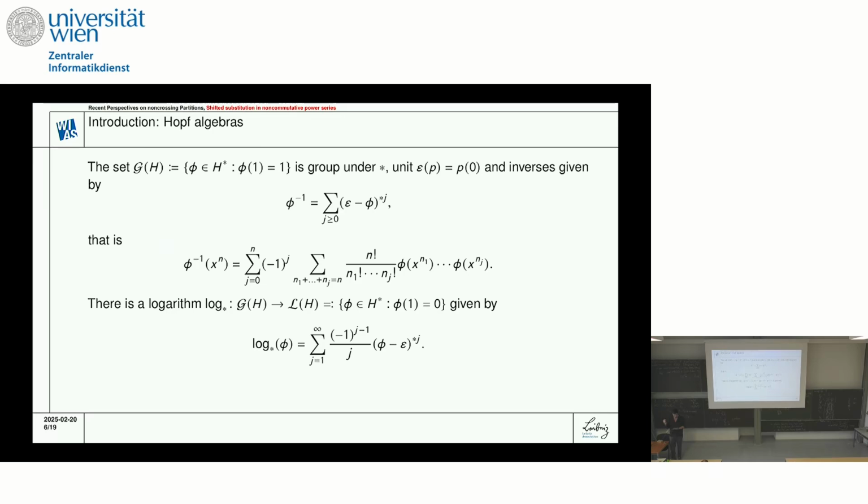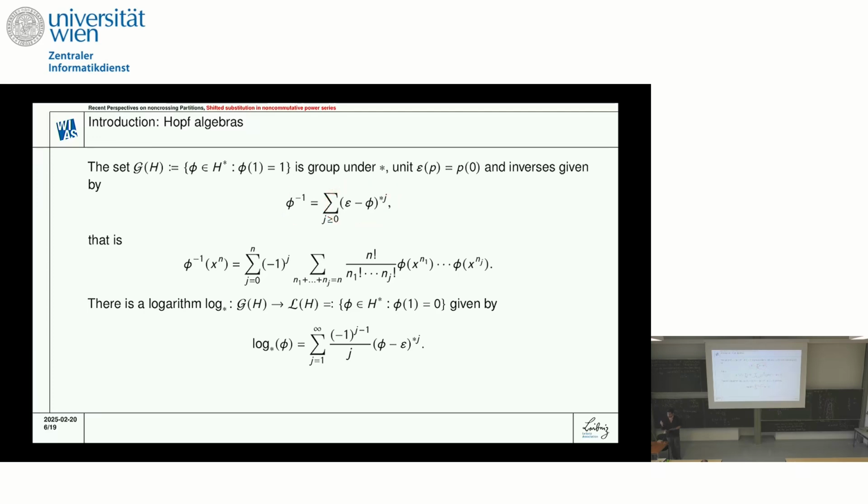And then moment sequences are identified with just maps sending 1 to 1, so the constant 1 to the constant 1 in the field. And this is also a group with unit the projection onto the scalar, so I just take the constant coefficient of each polynomial, and the inverse is given by the Neumann series. So this is the usual way of inverting a linear map using a power series.